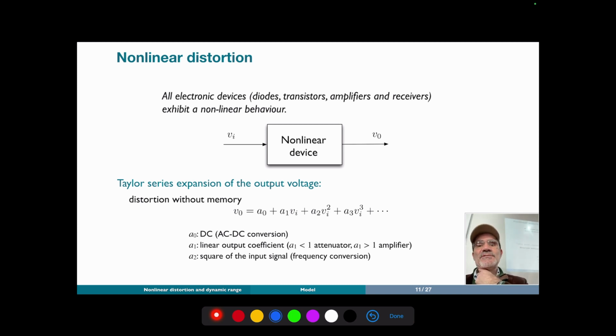And so in general, to model a nonlinear device, we can use a Taylor series expansion of the output voltage.